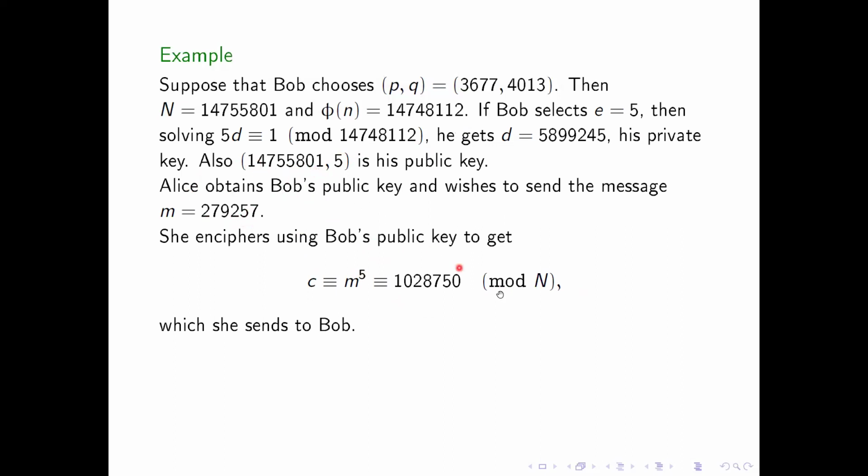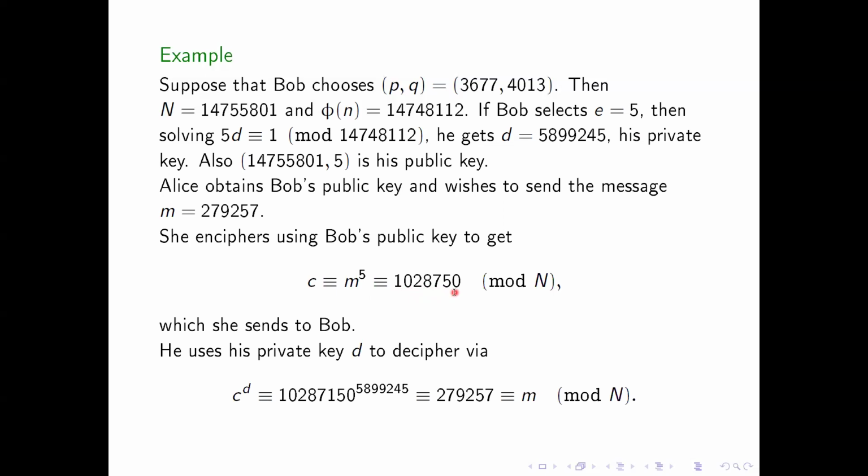She can take it mod this and she'll get 1,028,750. She sends that to Bob. Bob then takes the encrypted message he got. He raises it to his private key, 5899245, and he gets back the original message. And he's done. So again, all of this is why we were practicing all those concepts, because that's the mathematical process by which we get here.